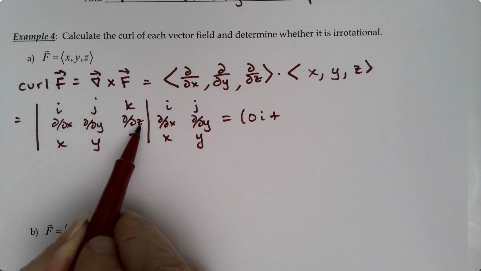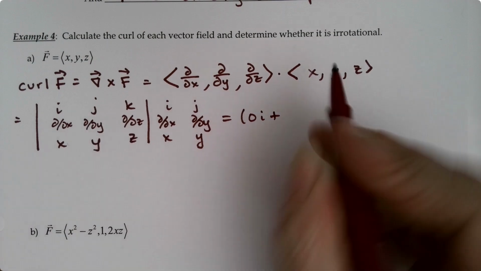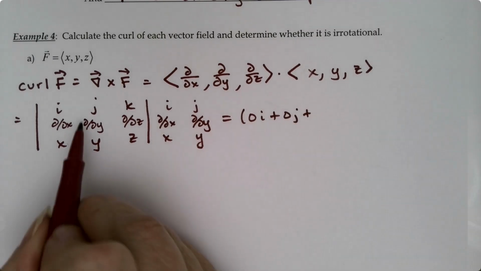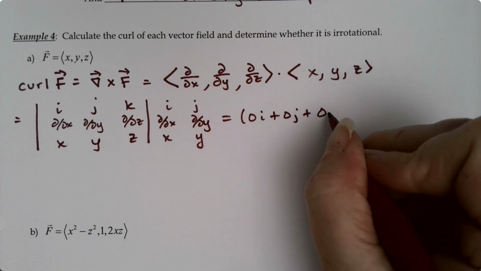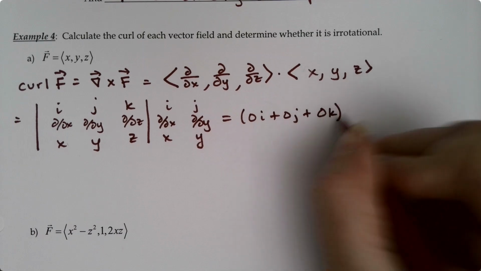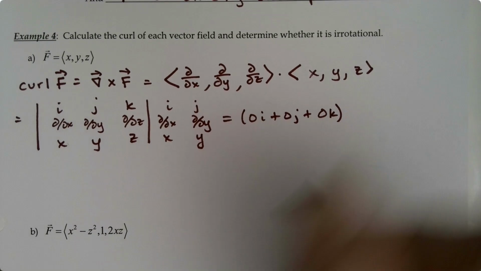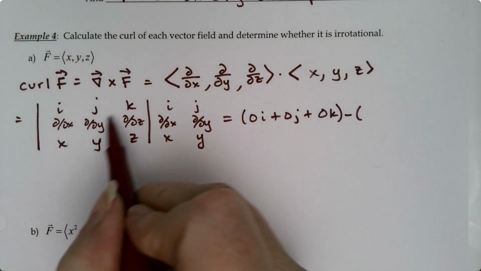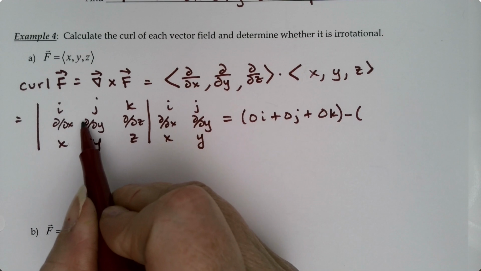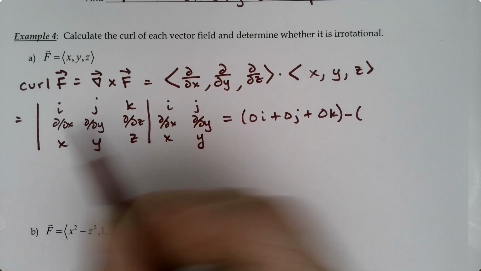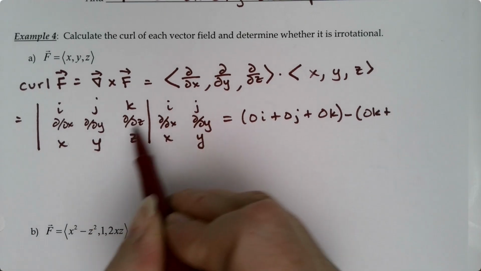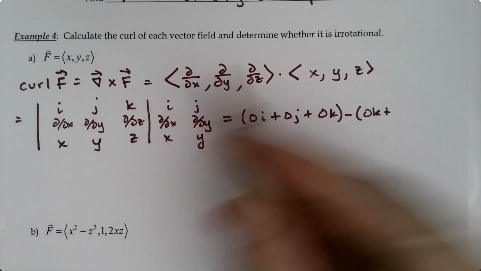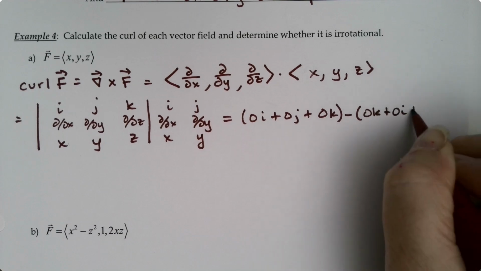The derivative with respect to z of x is also 0, plus the derivative with respect to x of y is 0. So you got a whole lot of nothing. Minus, and then the backwards way is going to do the same thing. The derivative with respect to y of x is 0, so 0k, 0i, because the derivative with respect to z of y is 0, and 0j.